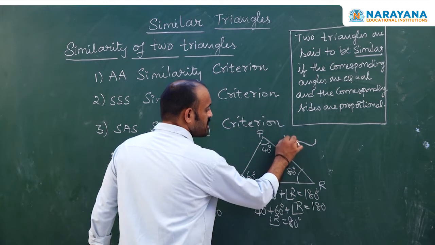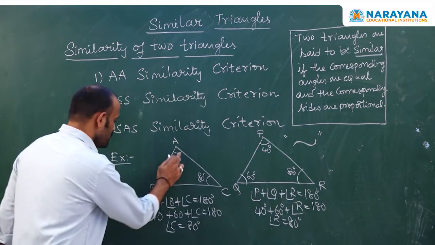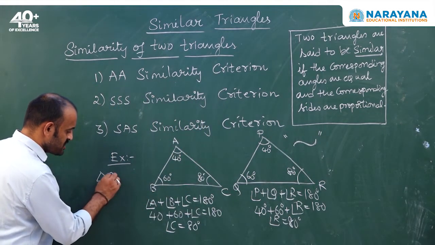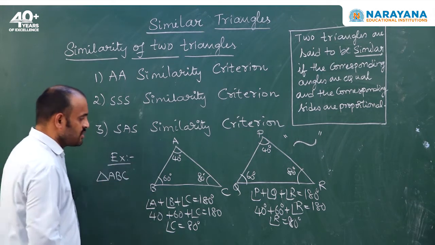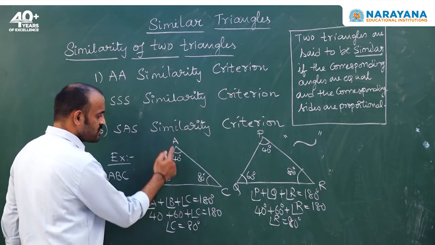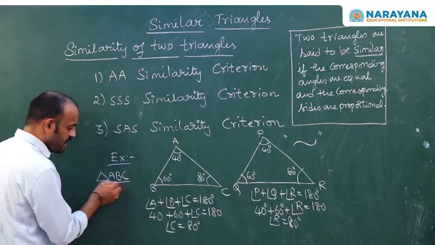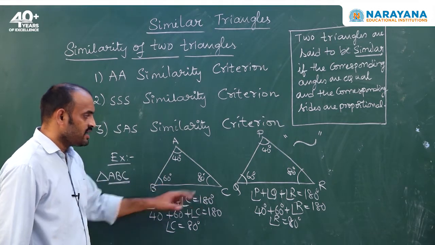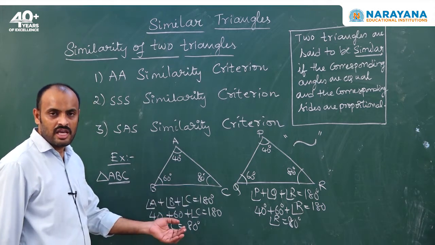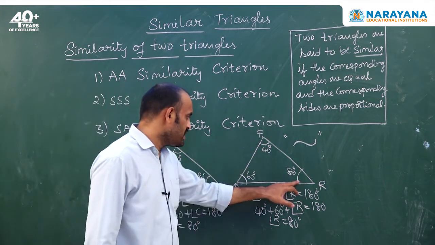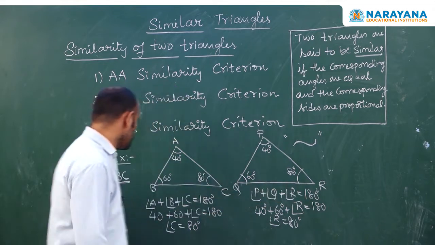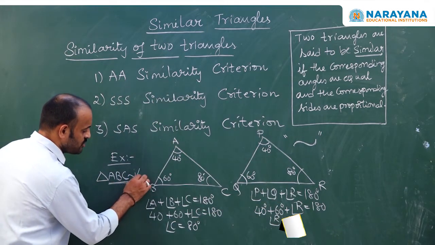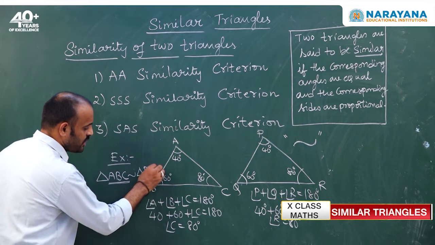See triangle ABC, first triangle I have taken 40, 60, 80, because ABC, see the order I have followed here, ABC 40, 60, 80. In the second triangle also I should follow the same order, 40, 60, 80, PQR. So triangle ABC is similar to triangle PQR.